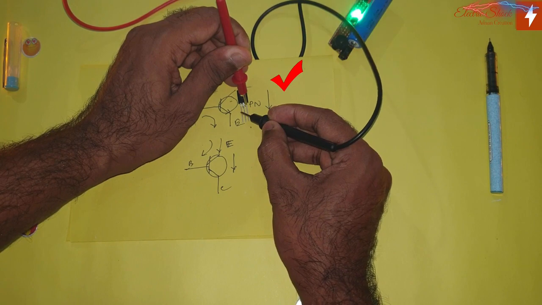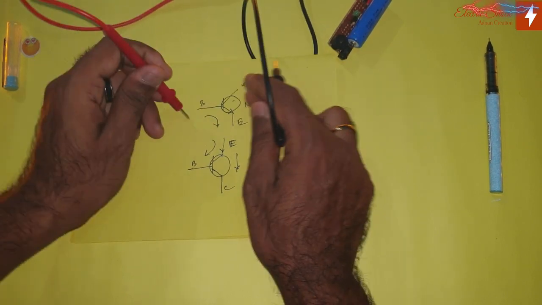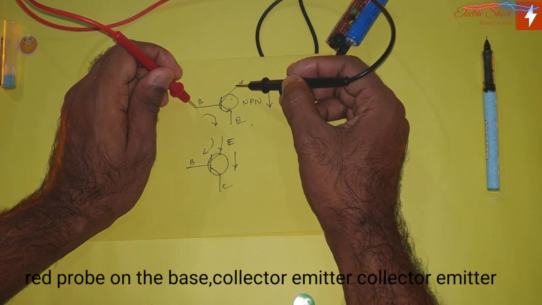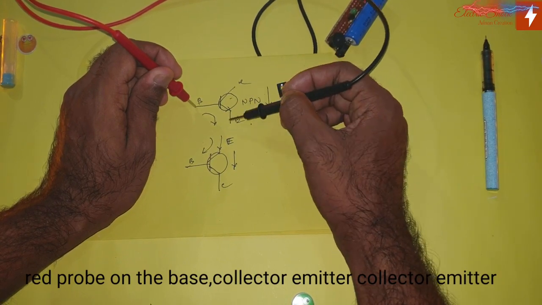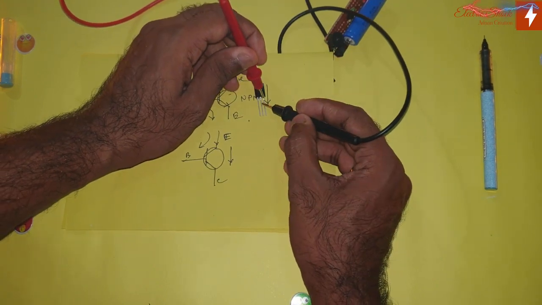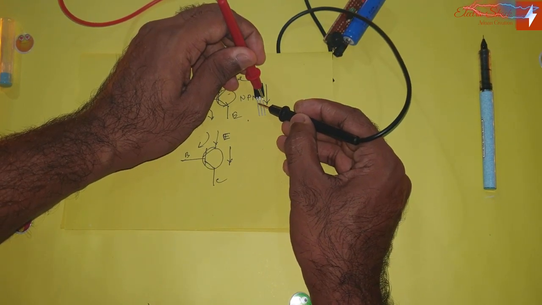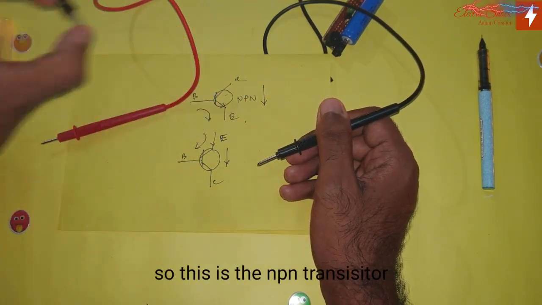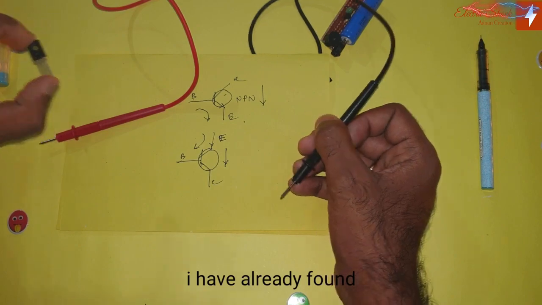Yes, continuity. Like this, a red probe on the base, and collector and emitter. So here I did the same thing. So this is the NPN transistor I have found.